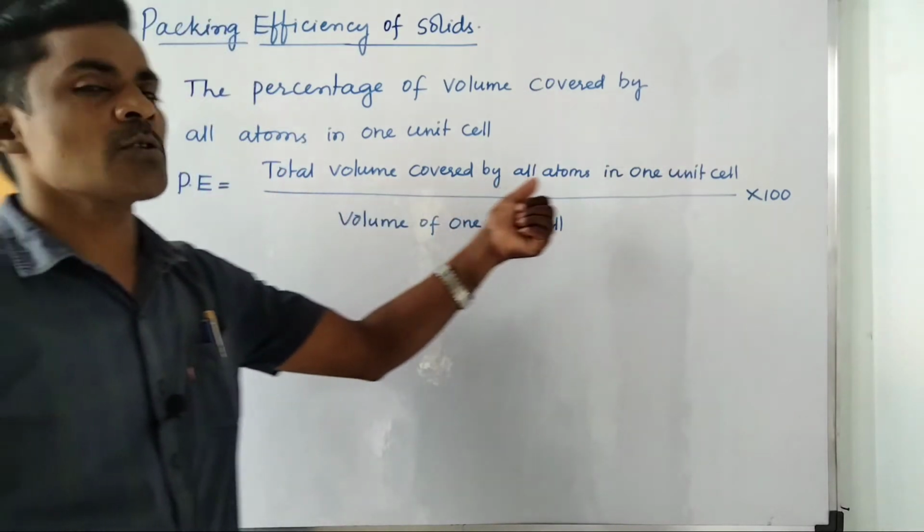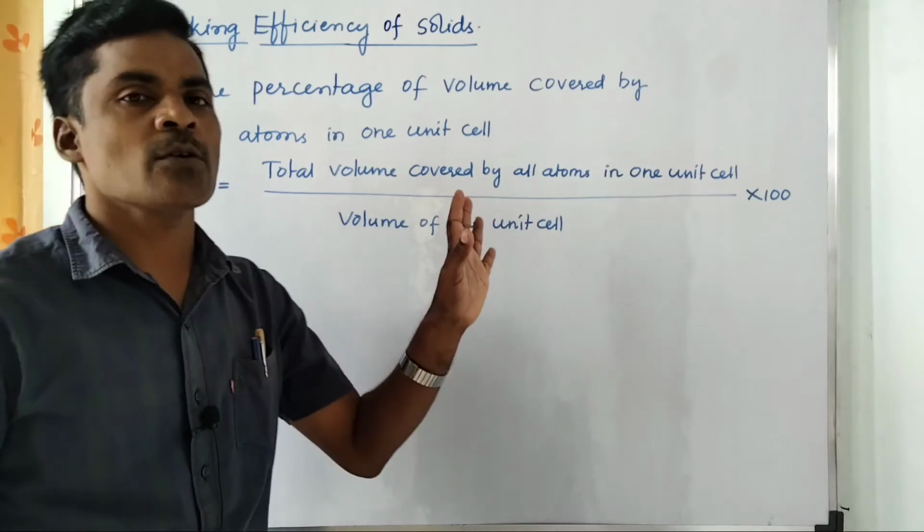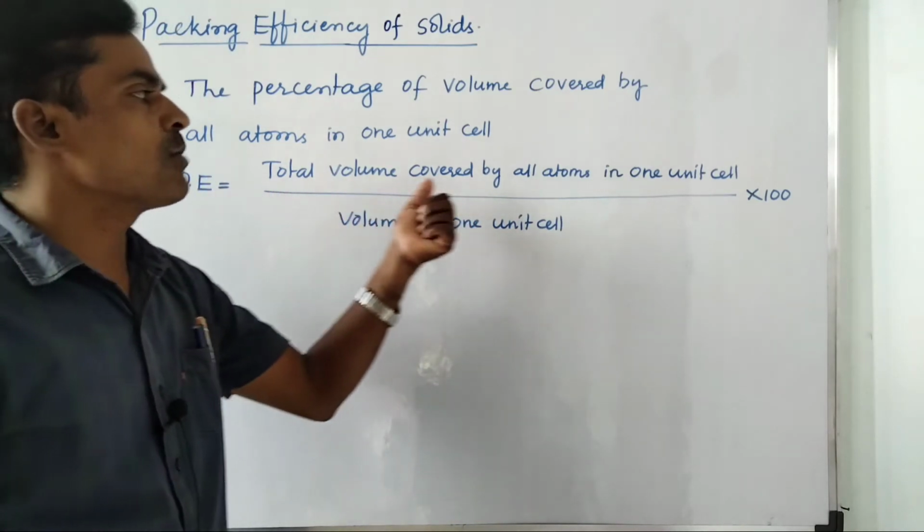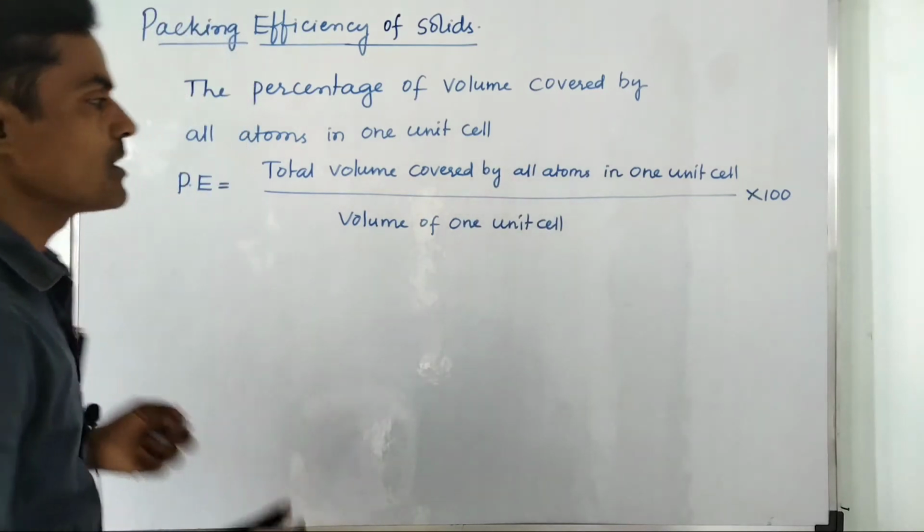Okay, if all atoms are identical, how will you get total volume covered by all atoms in one unit cell?